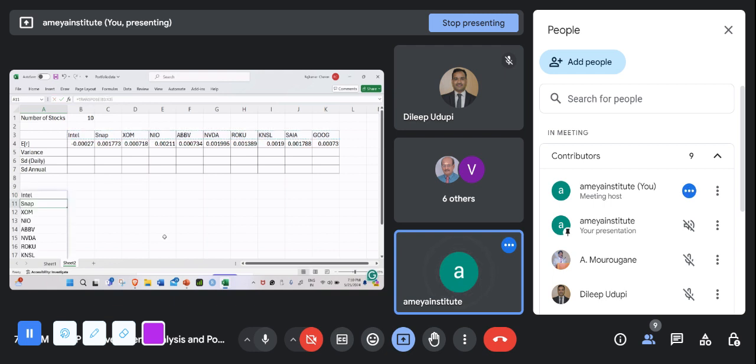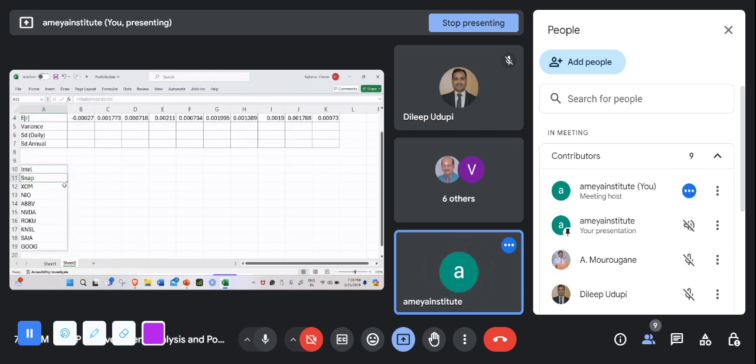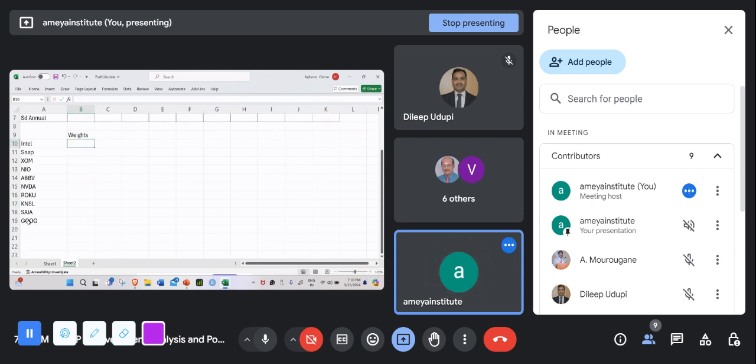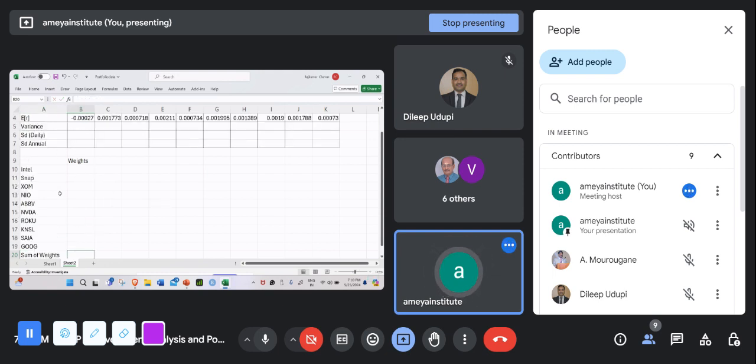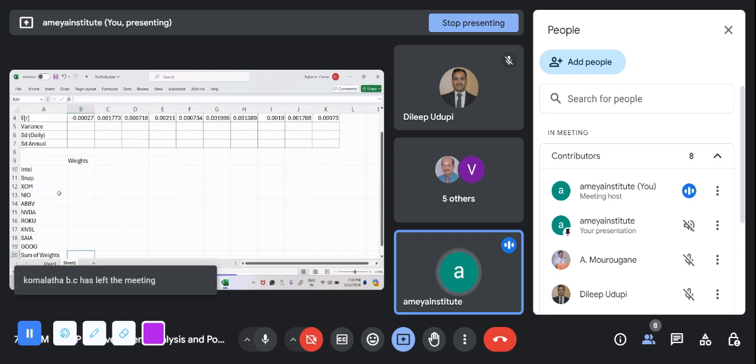Close the bracket, enter. And here we will type weights. Then we'll type here sum of weights. Now we have to get the weight for each individual stock, right? Everyone ready till now?